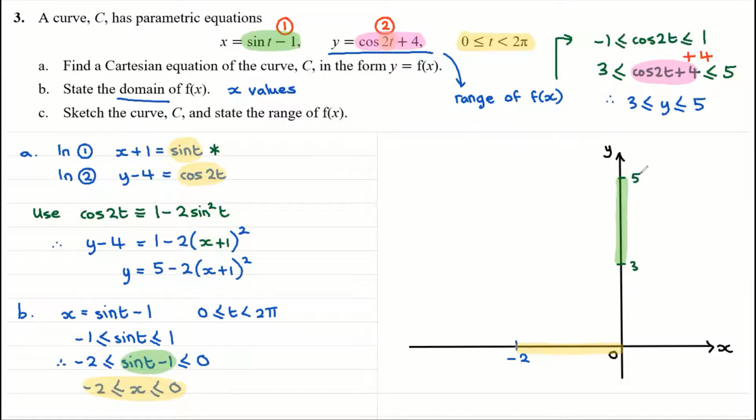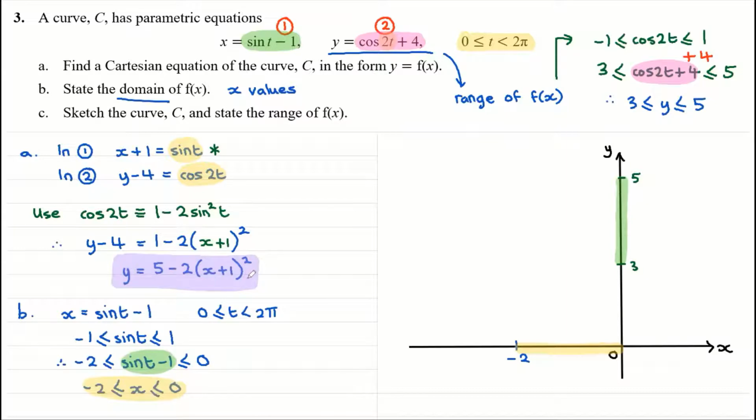To get this right, we need to figure out where the mirror line would be. If we go back to the Cartesian form that we found earlier, which is right here, there's lots of interesting information in here. Because this is a quadratic with a negative x squared, it's going to have a maximum.